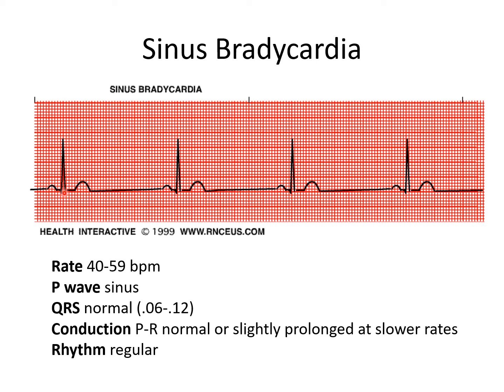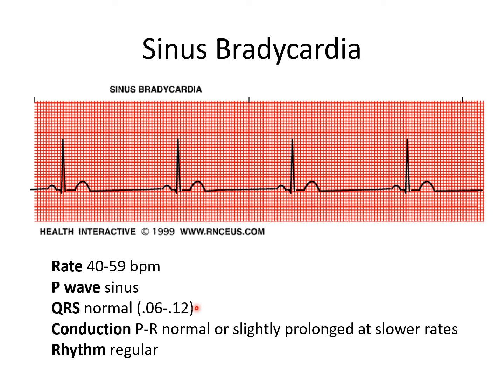Okay, so if there's 2 small boxes, and I'm not saying there is, there may only be 1 and 1.5, then you have about 0.06 to 0.08, and that falls within the normal range for the QRS. So when you see a very narrow complex, you know that it's within the normal range, and then we have a very short duration for the ventricles to contract. That's going to be an efficient heart.